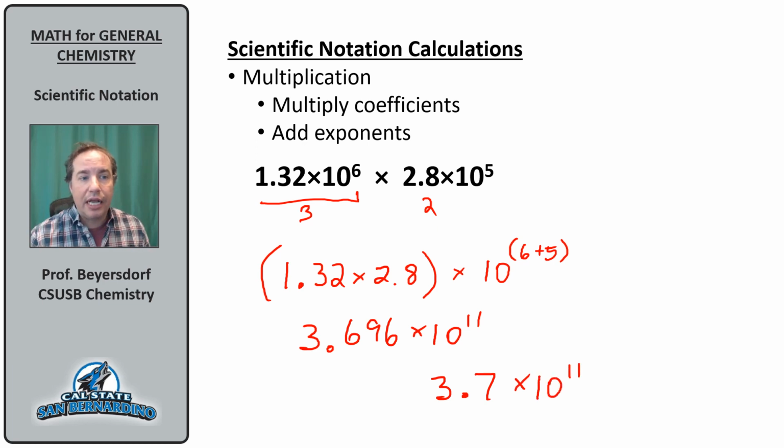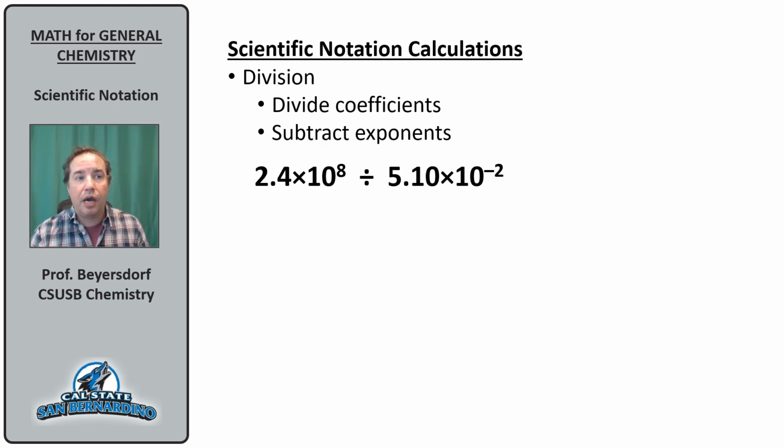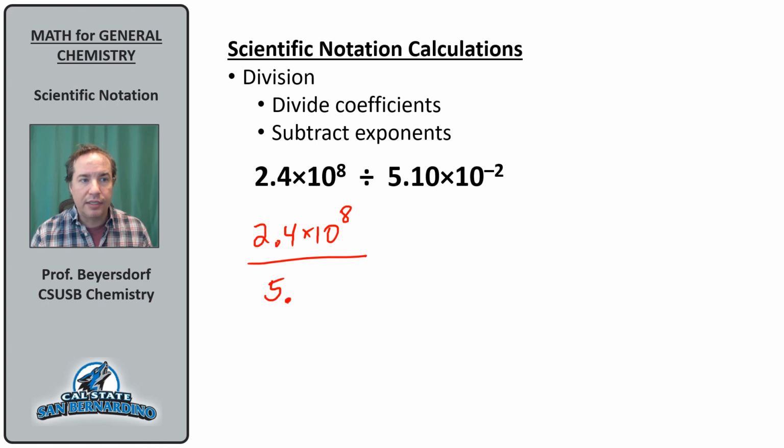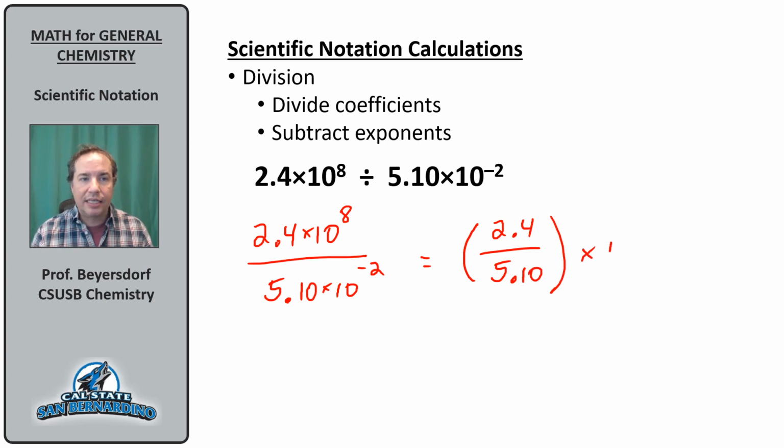In division, it's a little bit different. Here we have two numbers, 2.4 times 10 to the 8th divided by 5.1 times 10 to the negative 2. This may also be presented as 2.4 times 10 to the 8th over 5.1 times 10 to the negative 2. In this case, we take those two coefficients, divide one by the other, and then it's times 10.